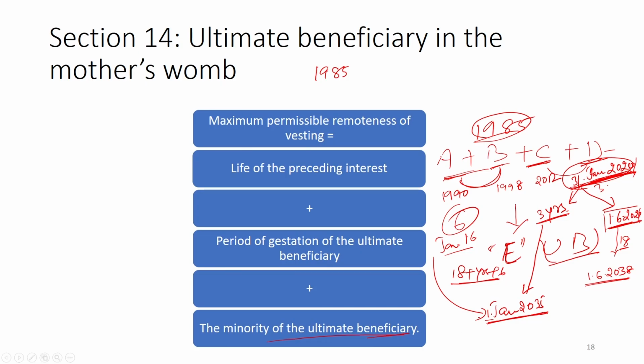If he was already born, then whatever years are left until majority will be counted. So, in the first case the property will vest in 2035, in the second case on 1st June 2038. In that way we calculate the maximum permissible remoteness of vesting.